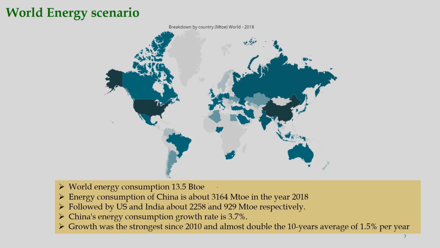The energy consumption of China was about 3,164 million tons of oil equivalent in 2018, followed by the US and India at about 2,258 and 929 million tons of oil equivalent respectively. China's energy consumption growth rate is 3.7%, and this growth was the strongest since 2010 and almost double the 10-year average of 1.5% per year.